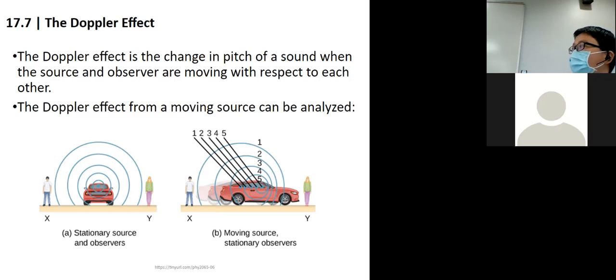Then the pitch or the frequency that you hear is different from what is given out at the source. Like when you are standing on the roadside and a car drives by, you can hear the change in pitch when it's approaching you and then when it's moving away from you. That's something you probably know already.